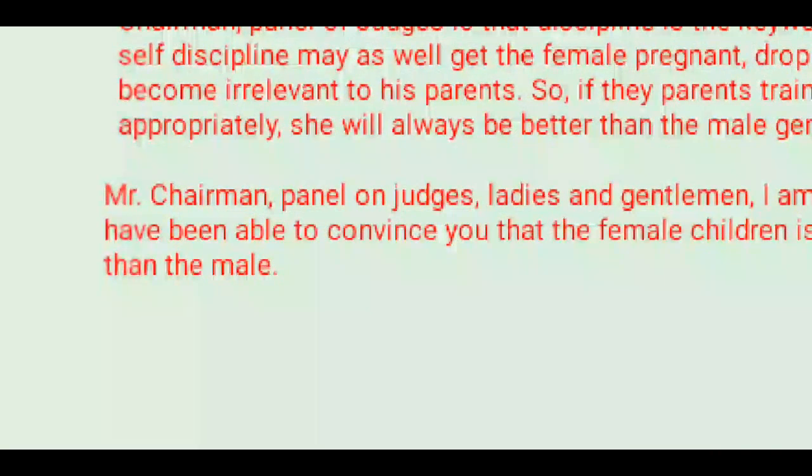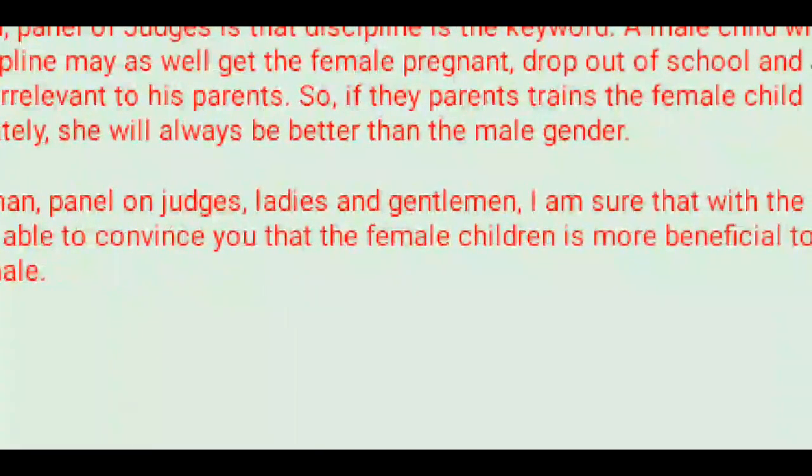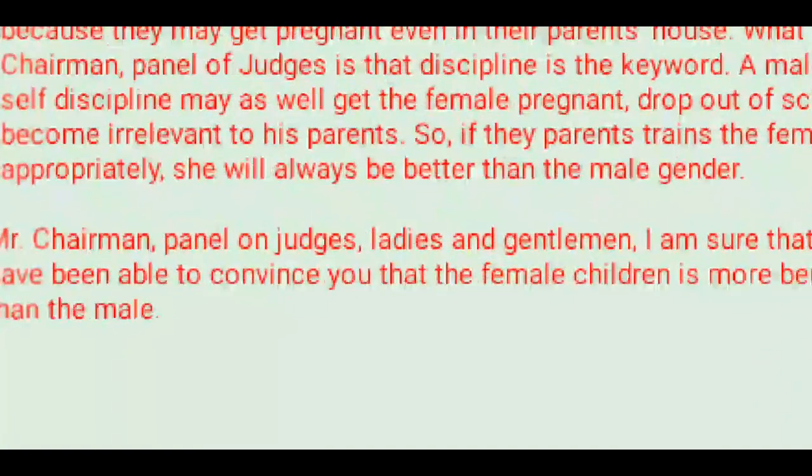Now, after that, the writer has the concluding paragraph. In the concluding paragraph, the writer addresses his audience again and also restates his points. Now, what do we have here?